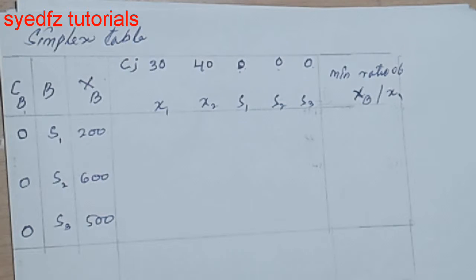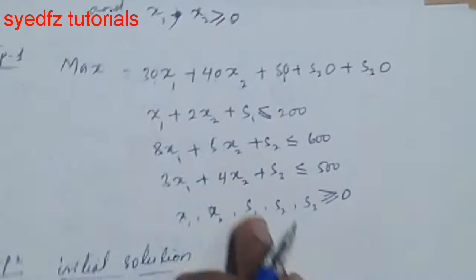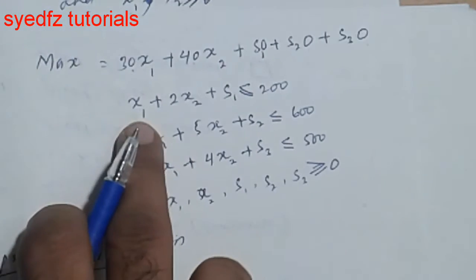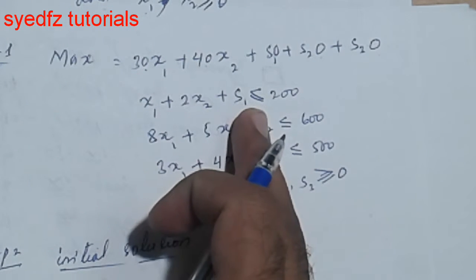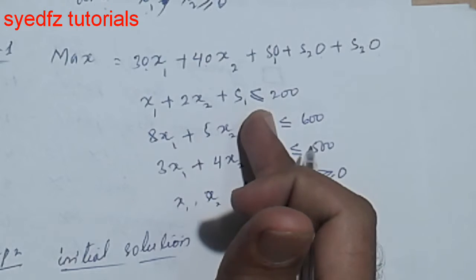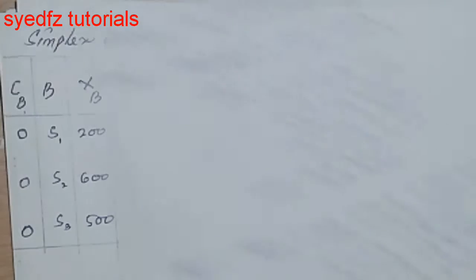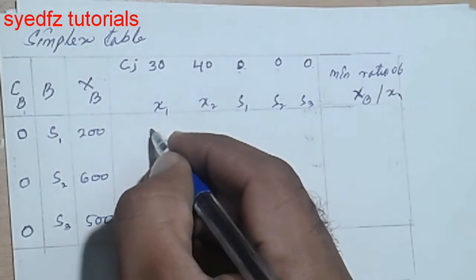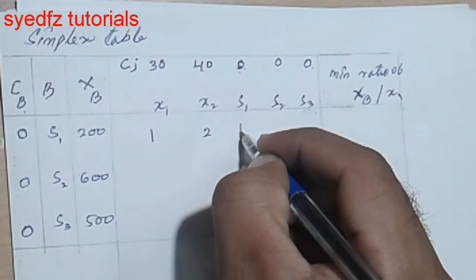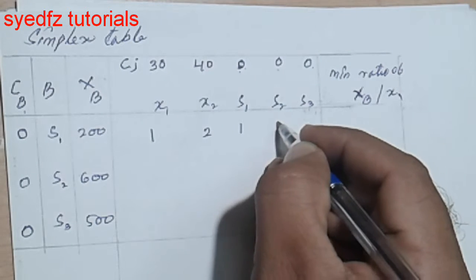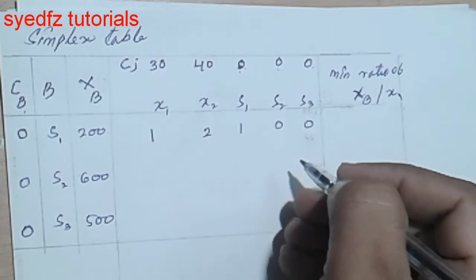Okay, now take the whole equation. x1 is 1, x2 is 2, S1 is 1. We don't have S2 and S3 in the first equation, so take them as 0.